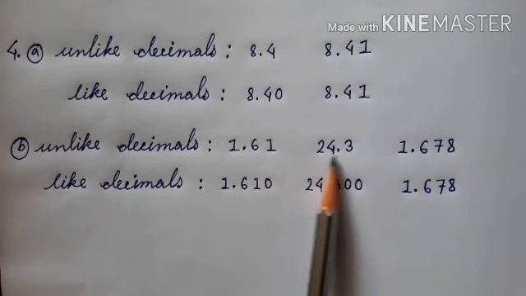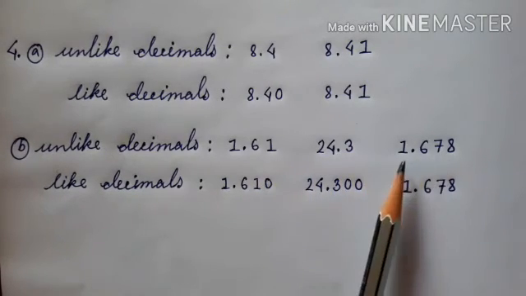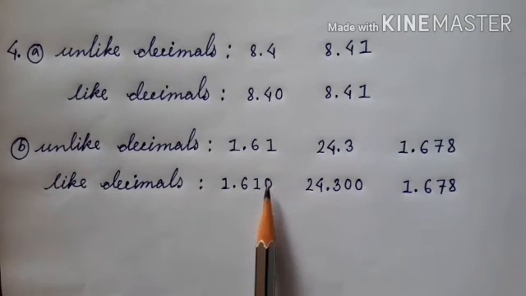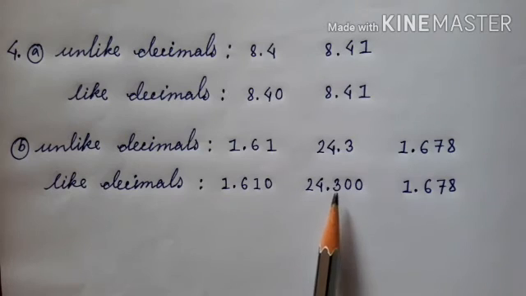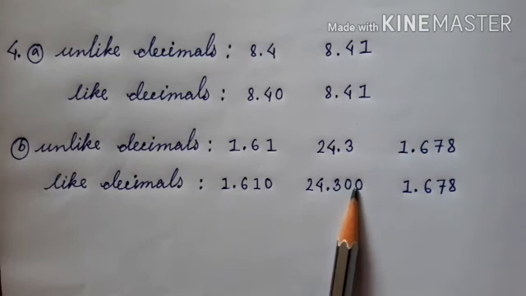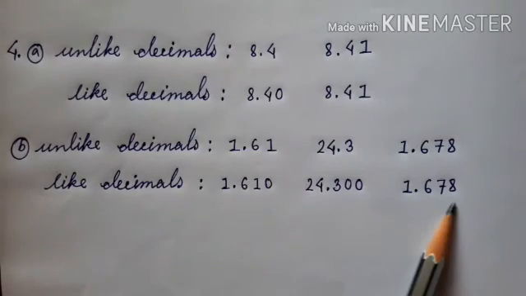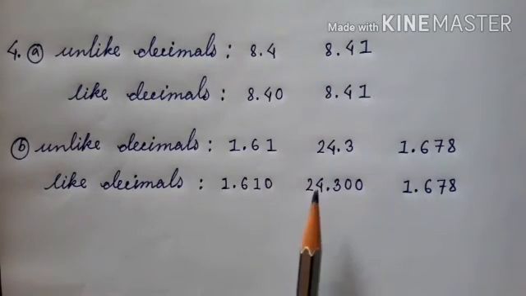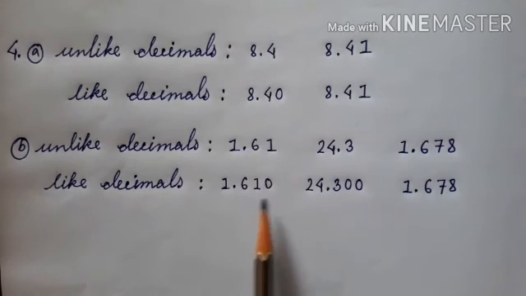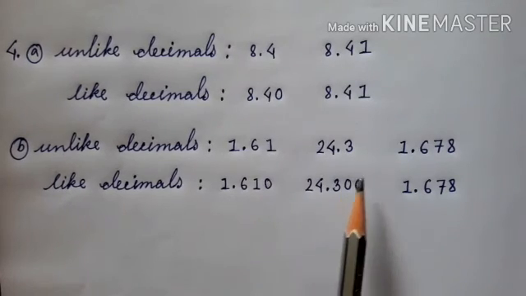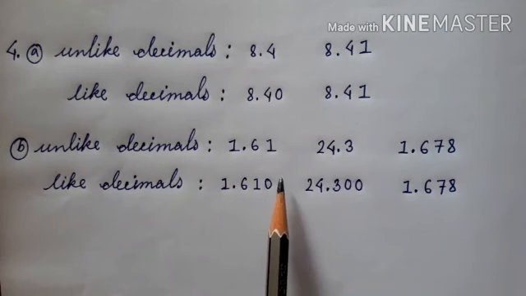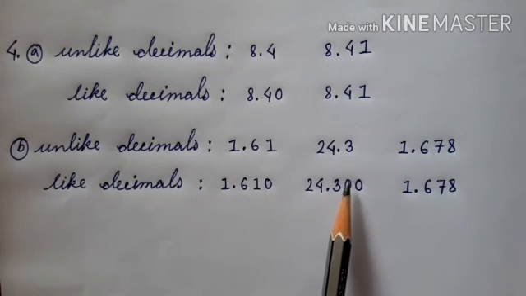So here the maximum number of decimal places is 3, right? So here we have to put 1 zero to make 3 decimal places, okay? And here we have to put 2 zeros to make 3 decimal places. And now you can see all these decimals have 3 decimal places, right? So this is how we have to find out the equivalent decimals. So in this way you have to convert unlike decimals into like decimals, okay?